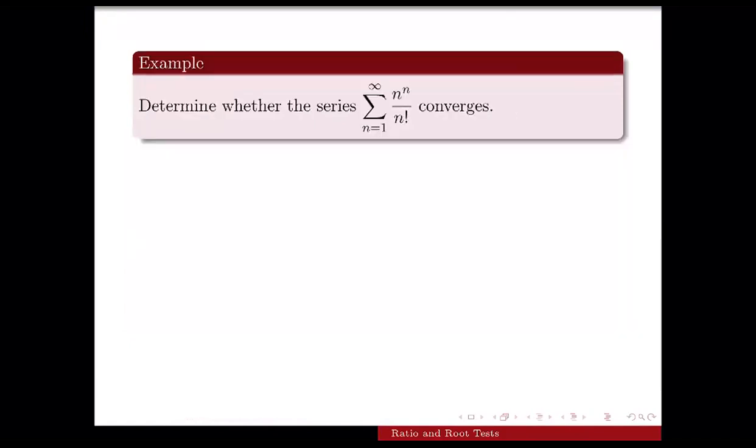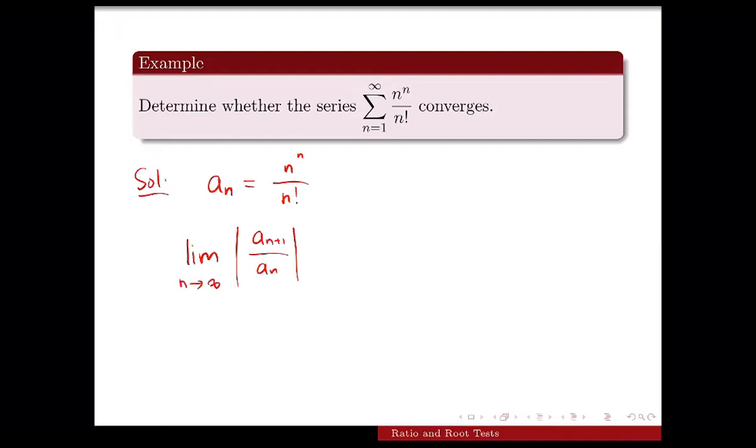Example. Determine whether the series n to the n over n factorial converges. Solution. Your a sub n here is n to the n over n factorial. So you want to find the limit as n approaches plus infinity of the absolute value of a sub n plus 1 over a sub n.